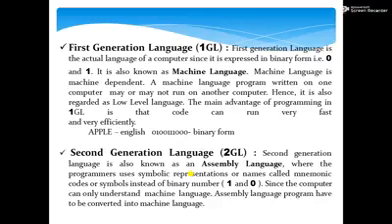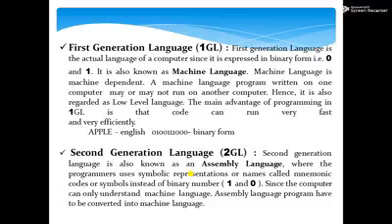First generation language is the actual language of a computer, since it is expressed in binary form, that is 0 and 1. Which means the program written in first generation language was in binary form. It is also known as machine language. Understanding and learning machine language is tough and tiresome for humans.